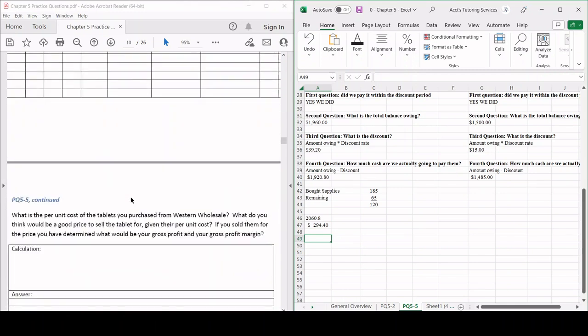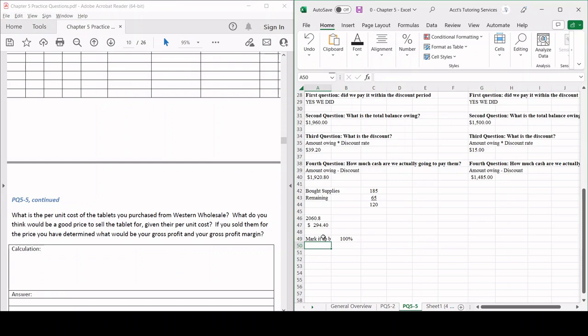What do you think would be a good price to sell the tablet for given their per unit cost? So essentially, any price that's going to be above 294.40, right? Let's just say we're going to mark these up by 100%. So that means we're going to sell it for double, essentially, right?